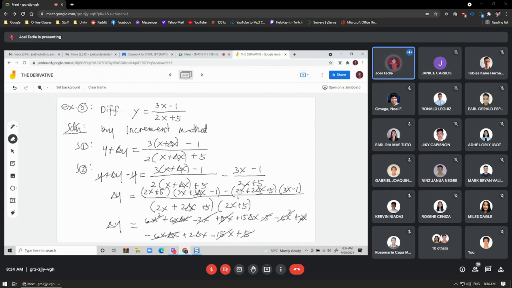We distributed, or multiplied. So this time we collect similar terms.